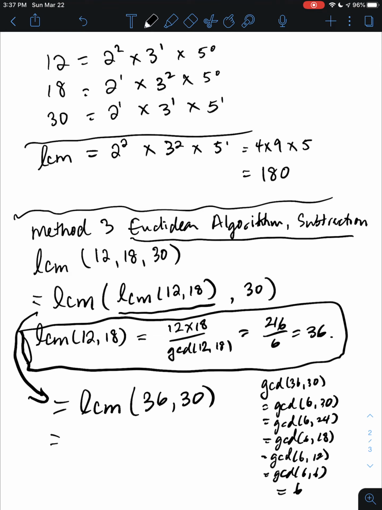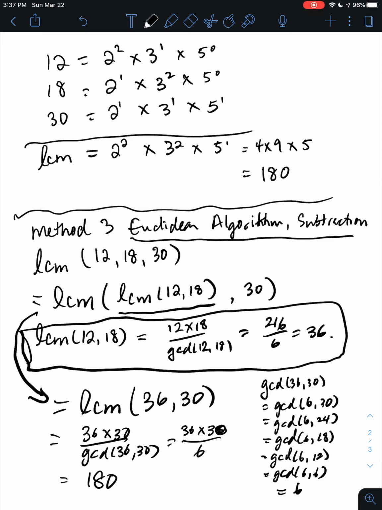So that tells us that the LCM of 36 and 30 is 36 times 30 divided by GCD of 36 and 30. That is 36 times 30, divided by 6. And final result is 180.